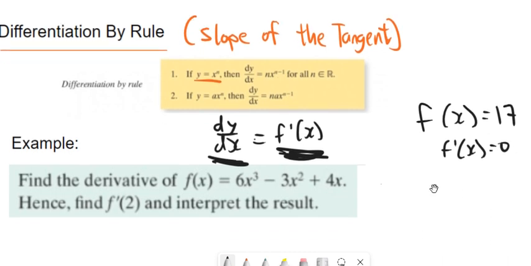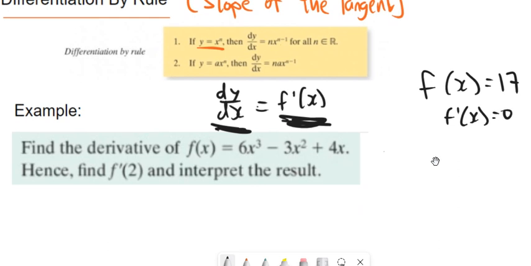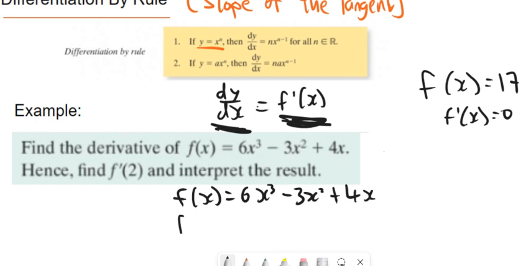Right, let's have a look at this example then. f of x is equal to 6x cubed minus 3x squared plus 4x. So they're asking us for f dash x here, but it could be dy dx. dy dx and f dash x are the same thing.